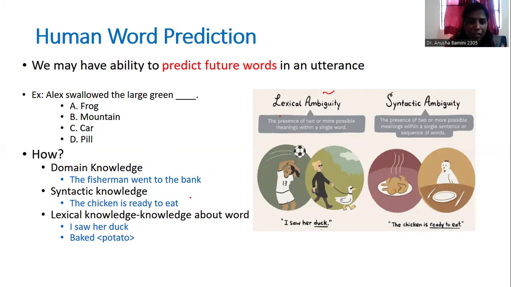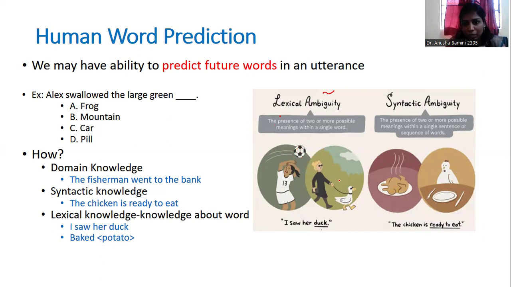Then lexical knowledge means the knowledge about the particular word, only a word. For example: I saw her duck. See here in this picture, if this sentence is used in, say, football or volleyball, the duck may mean this one.